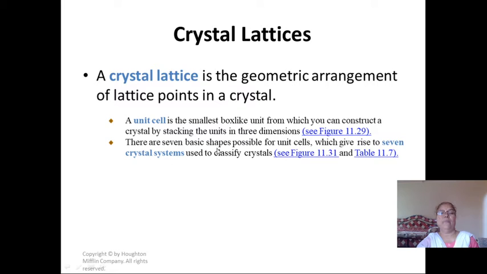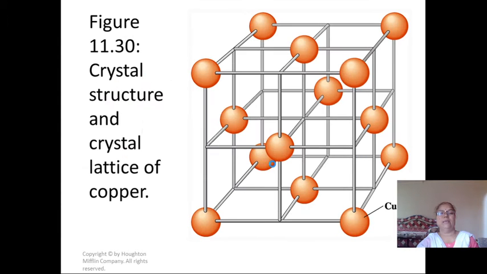There are 7 basic shapes possible for unit cells, which give rise to 7 crystal systems used to classify crystals. And this is the unit cell of copper.